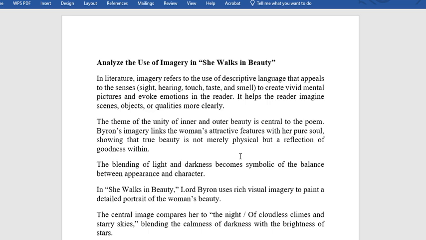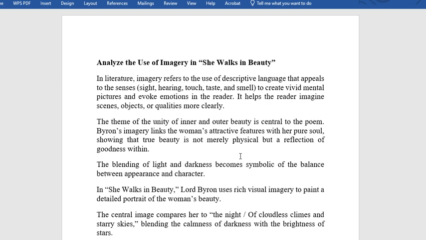So we need to explain the meaning of imagery. In literature, imagery refers to the use of descriptive language that appeals to the senses, that is, sense of sight, hearing, touch, taste, and smell, to create vivid mental pictures and evoke emotions in the reader.